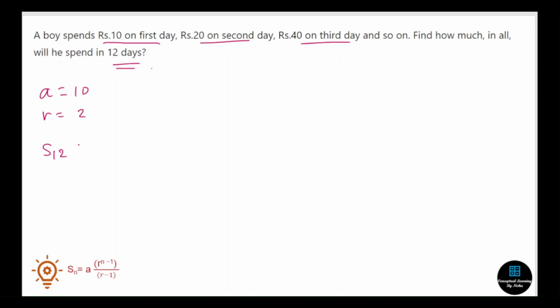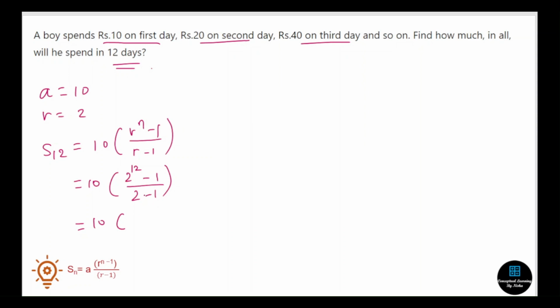So S12 equals, first of all write the formula, a times r to the power n minus 1 upon r minus 1. On substituting the values, 10 into 2 to the power 12 minus 1 upon 2 minus 1, this gives me 10 into, this is 2 minus 1, which is 1.